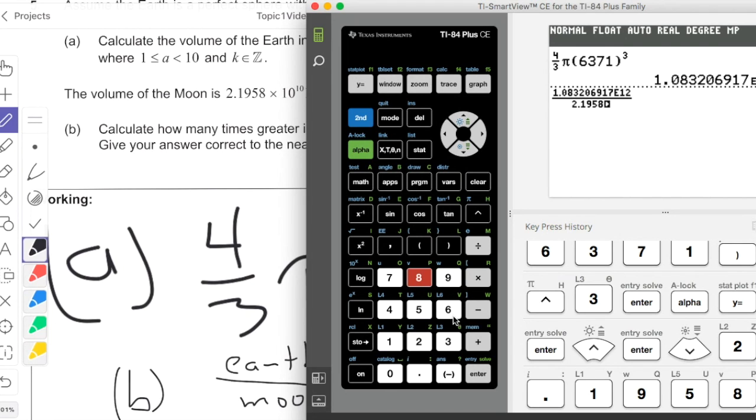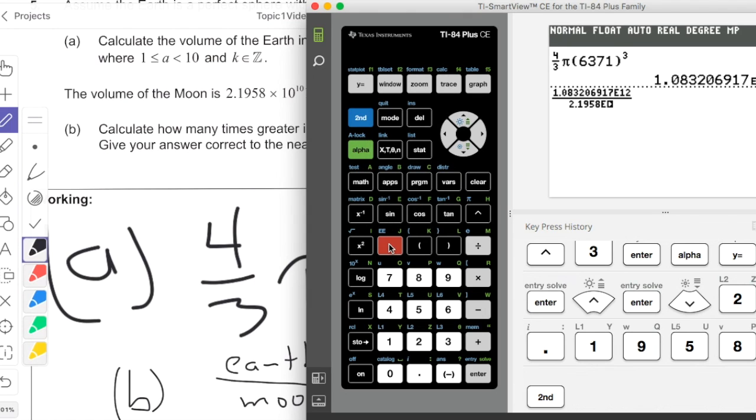2.1958. Now I have the option. I can do times 10 to a power, or I can use the enter exponent key here, or I can use a math key or some other way, but I'm going to use the enter exponent key here, blue, and then the exponent is 10, times 10 billion.